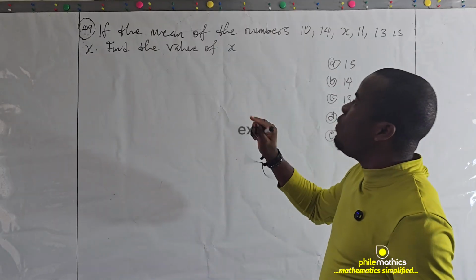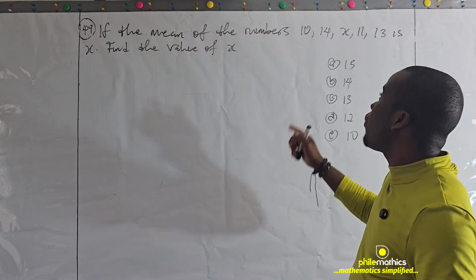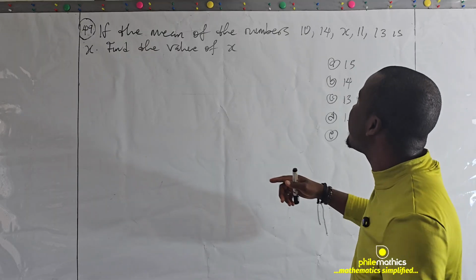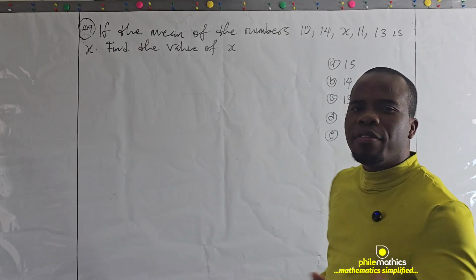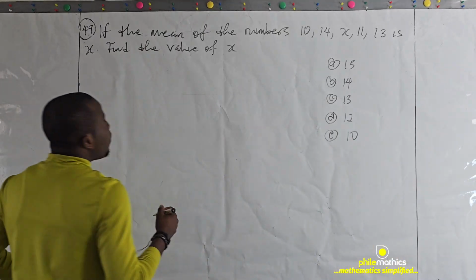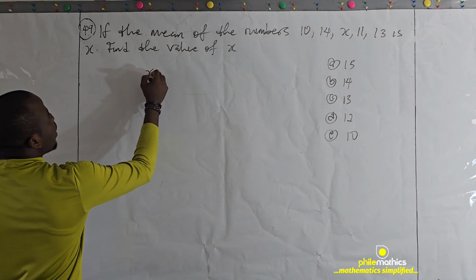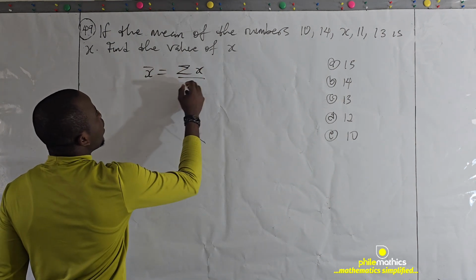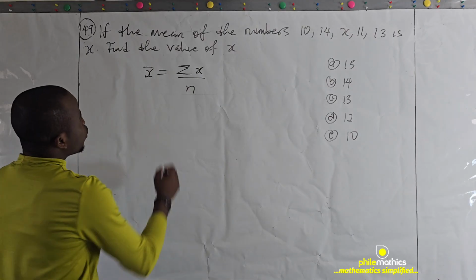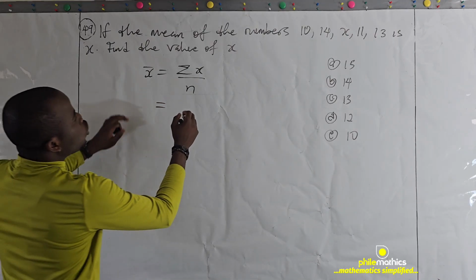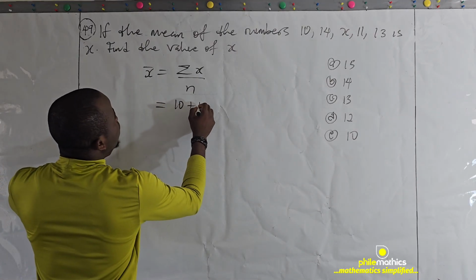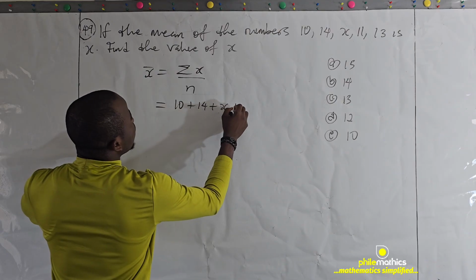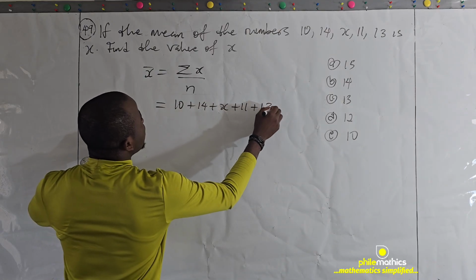We are told that if the mean of the numbers 10, 14, x, 11, 13 is x, find the value of x. You recall the formula for finding mean, x bar equals the summation of x over how many they are. So we sum 10 plus 14 plus x plus 11 plus 13.